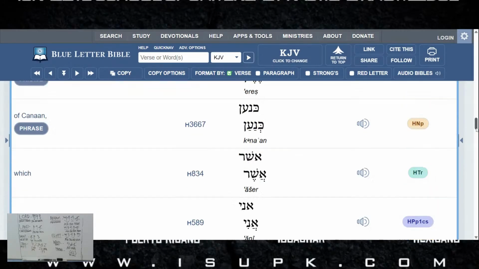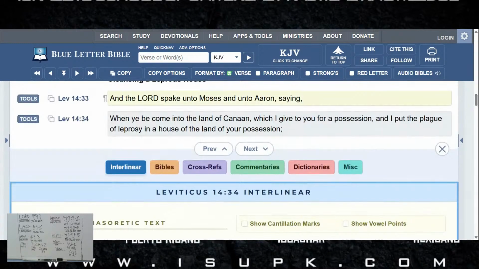Okay. So that's what it's saying, and it says it right here in English: when ye be coming to the land of Canaan, which I give to you.